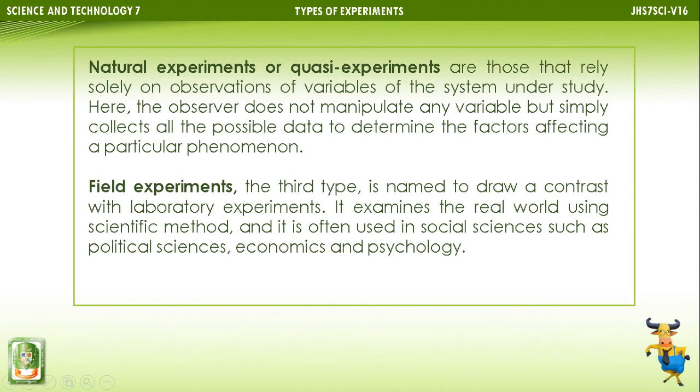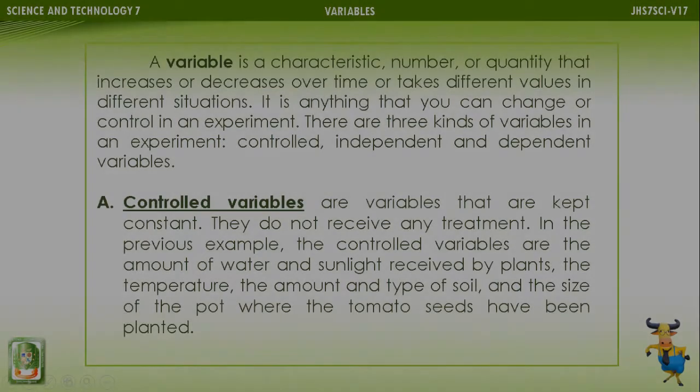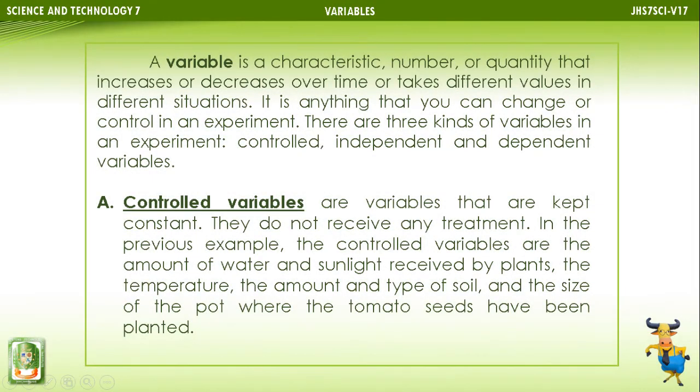Field experiments, the third type, is named to draw a contrast with laboratory experiments. It examines the real world using scientific method, and it is often used in social sciences such as political sciences, economics and psychology.